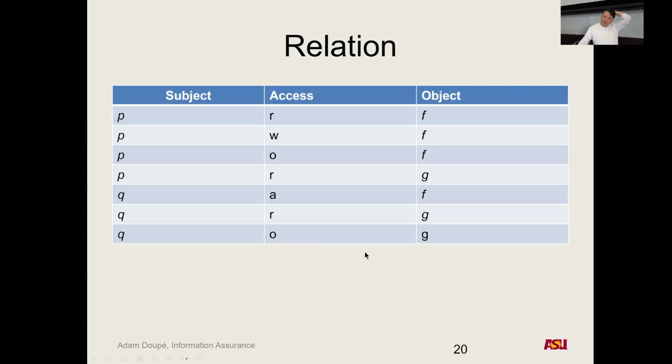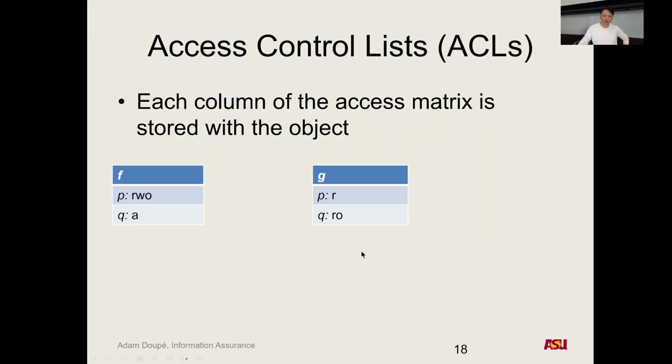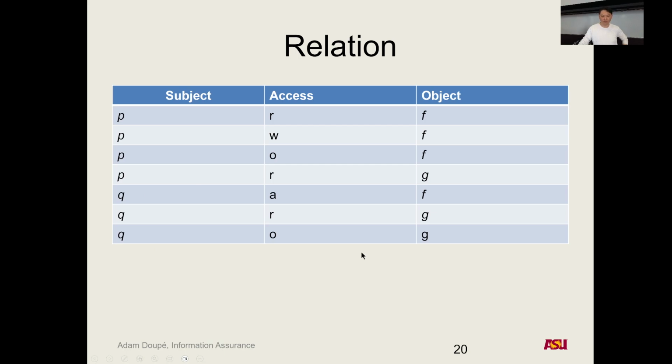Based on these two lists, the capability list and ACL, we can draw a relation table here. So subject, the access is a capability, right? And object. So we can list each policy.